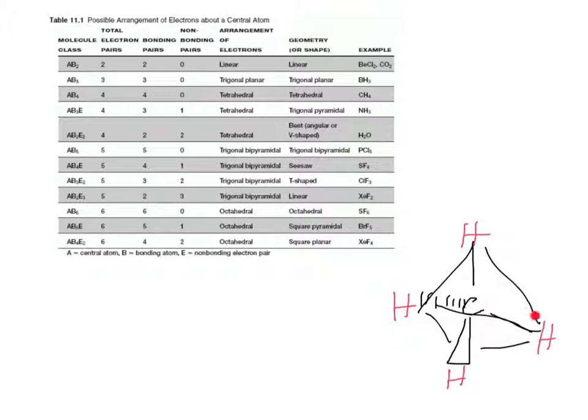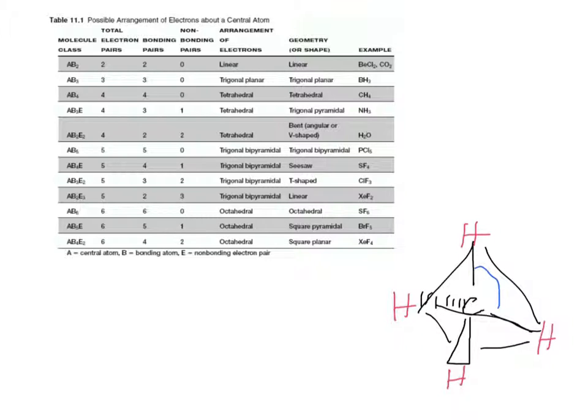And then I draw my lines here to indicate that it's a tetrahedral. So here's my little tetrahedral bottom, and here's one side here, here's another side here, and then the back side would be back here.